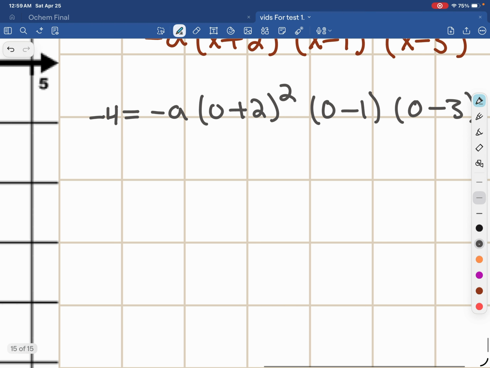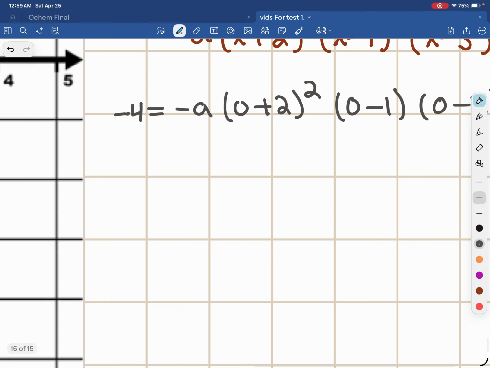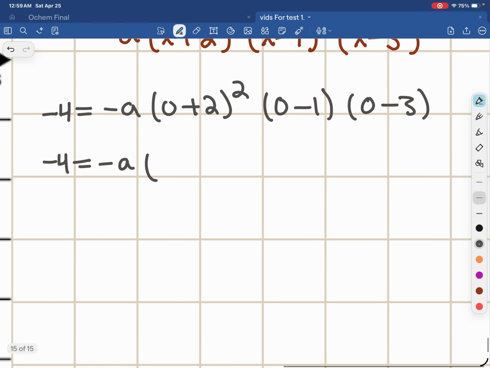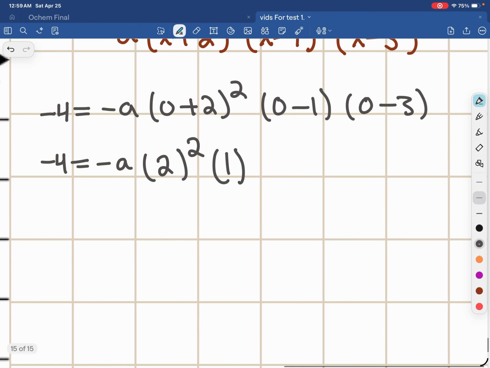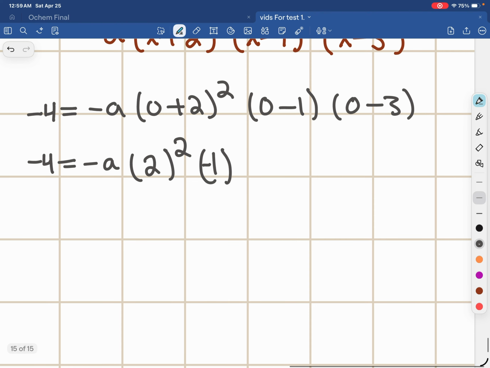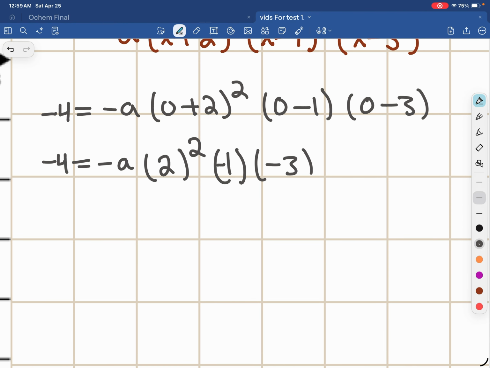Looking at this, now we can just evaluate. So we have negative 4 is equal to negative a, 2 squared, negative 1, and negative 3.